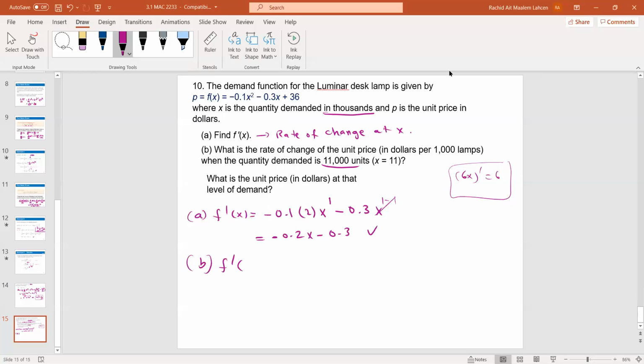So f prime, the rate of change. Keep in mind, the question is about not the units, but the rate of change of the unit price. So the rate of change. So that's 11.